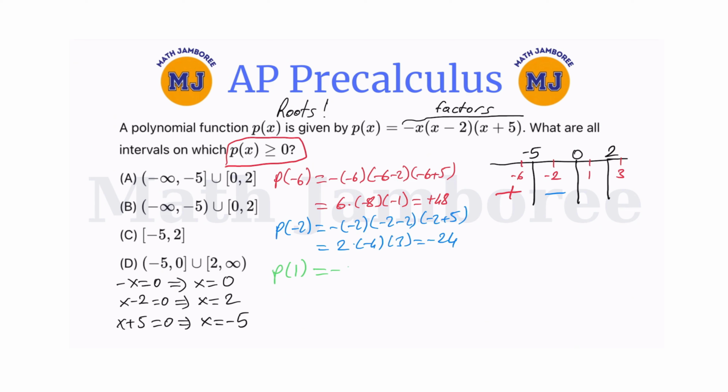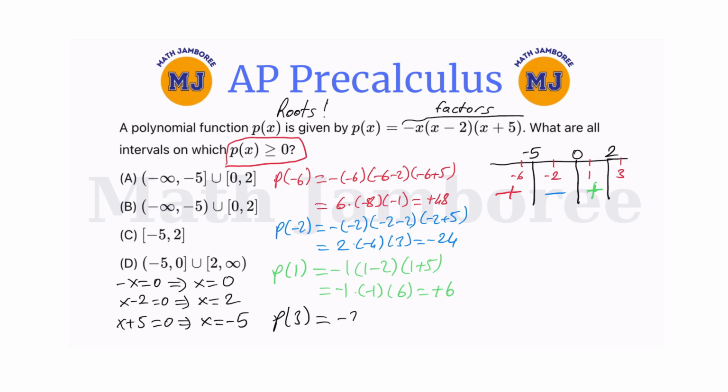Between 0 and 2, in that region, I'm going to use 1 for the x. Therefore, this becomes negative 1 times 1 minus 2 and 1 plus 5. So this is negative 1 times negative 1 times 6, which turns into positive 6. Therefore, in this region, the sign is positive also. And lastly, we will check for 3, p of 3.